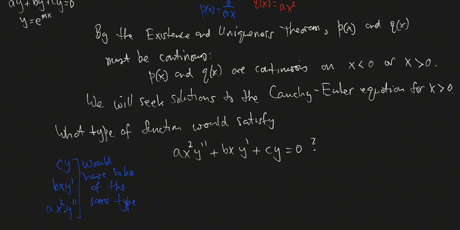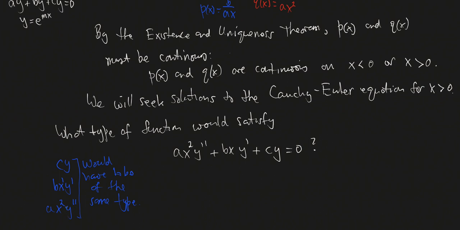Well, think about it. If I start with a power function, so let's say I have x raised to some power, when I differentiate it once, the power will go down by 1. But then when I multiply by x to the first power and I add the powers, the power would go back up. So the power would essentially be the same, and I would have the same type of function.